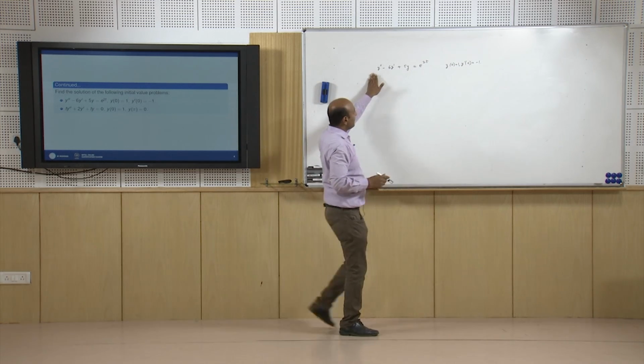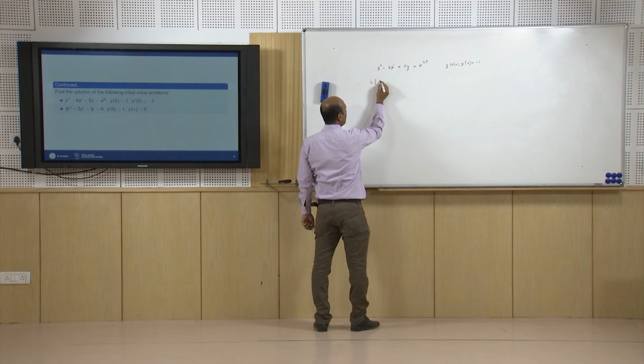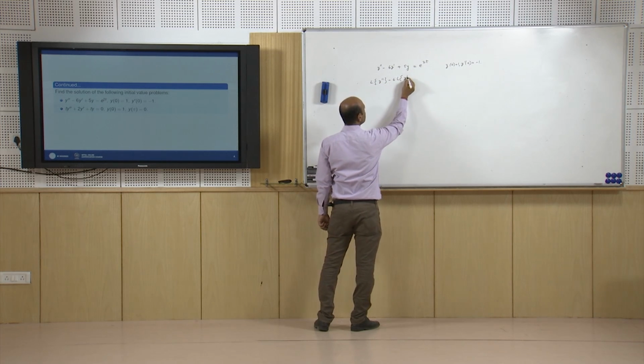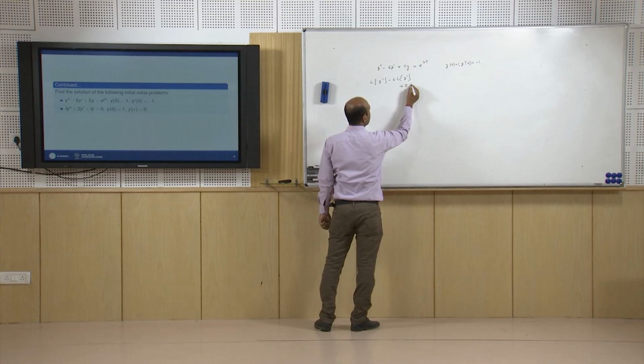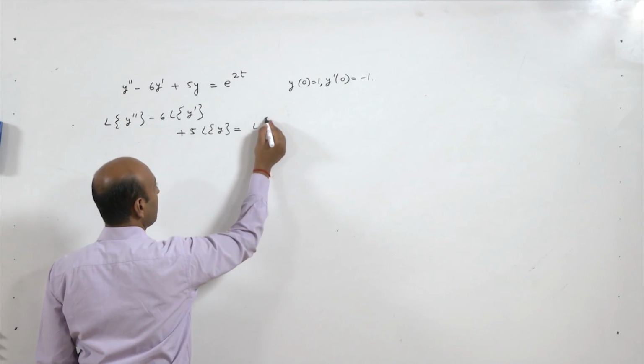First, take Laplace transform on both the sides. So, it will be Laplace transform of y double dash minus 6 times Laplace transform of y dash plus 5 times Laplace transform of y is equal to Laplace transform of e to the power 2 t.